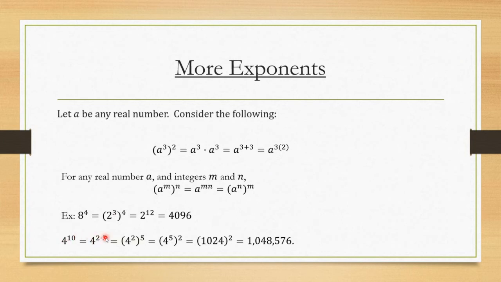Well, 10 we know is 2 times 5, which is 4 squared raised to the 5th. And that's, of course, the same thing as 4 to the 5th raised to the 2nd power. I'm using this rule again. And again, you can write this out using a calculator, namely here. So I'm just playing around with the exponent rule, so to say.